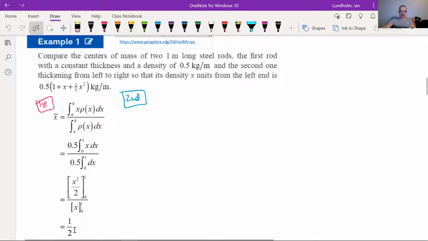You end up getting 1/2, like you might expect. If something is of uniform thickness or uniform density, then yeah, it makes sense that the center of mass is directly halfway through the object.